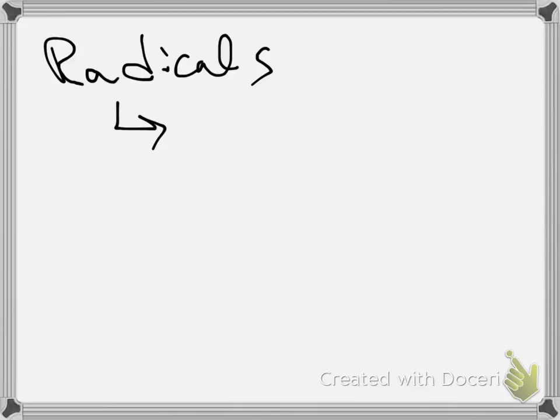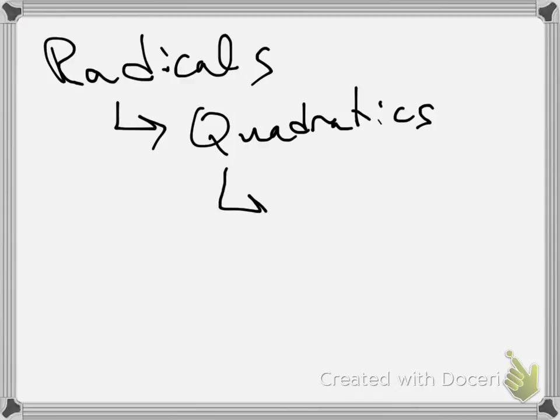Same thing with what we're doing in this module. Radicals have to get to something more simplistic. Maybe it might be quadratics. A lot of times that's the case because you're going to be squaring both sides. But you know how to deal with quadratics, right? You factor them, and then you can eventually get them to be linear.